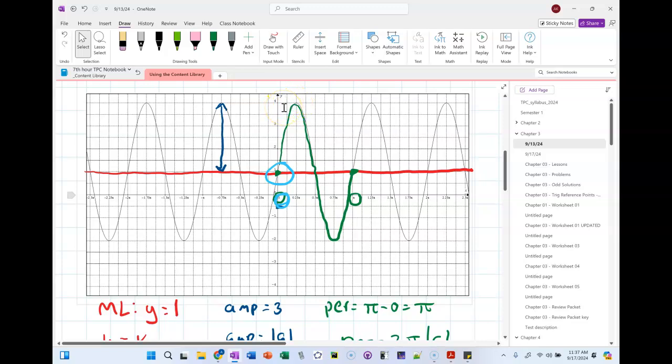Since that's a maximum, A is positive. If the next extrema afterward was a minimum, A would be negative. If this was a cosine graph, where at x equals 0 we're at a maximum, A would be positive. If it was at a minimum, A would be negative. That's if we're doing a cosine.